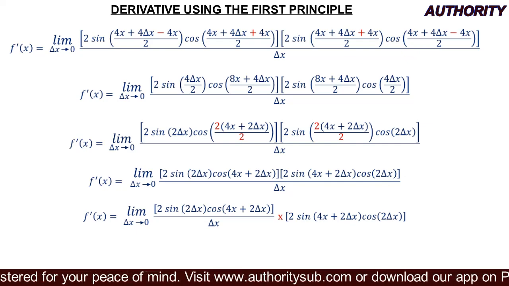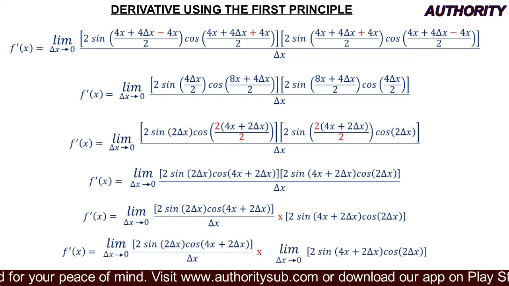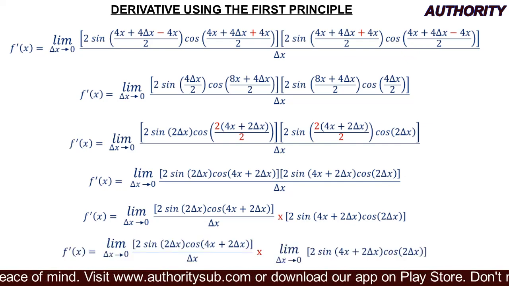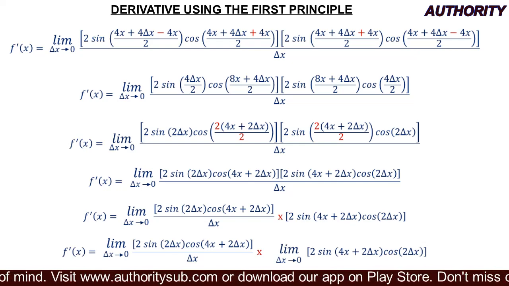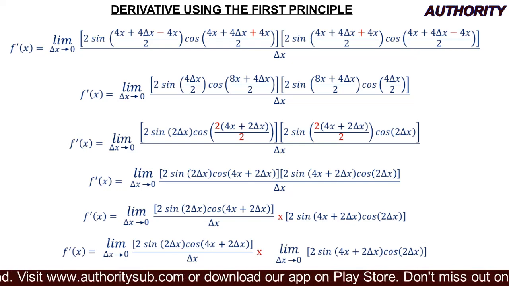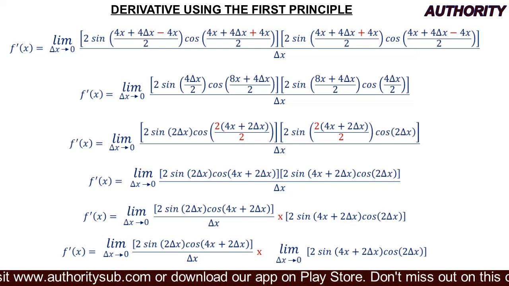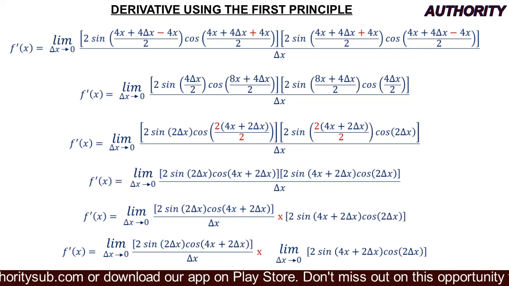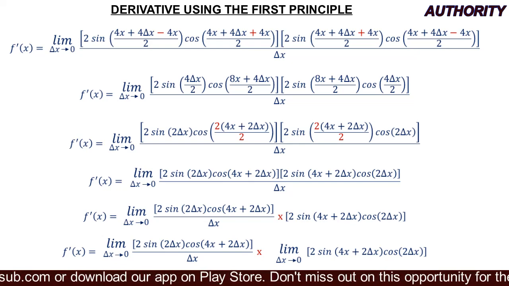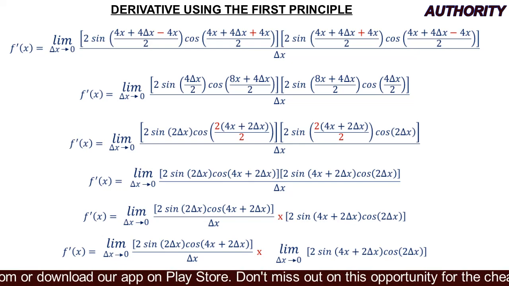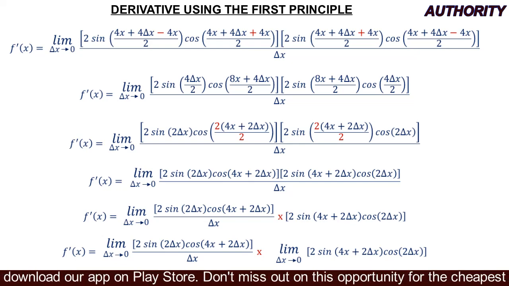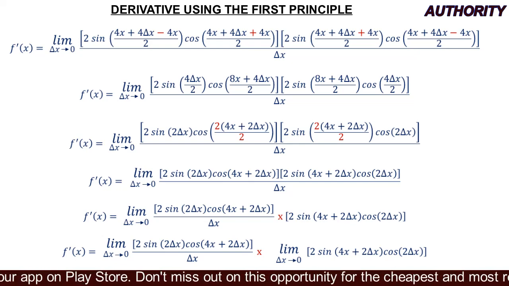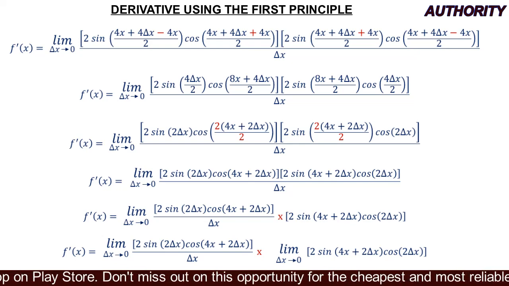limit. So taking the individual limit, we're going to have f prime of x is equal to the limit as change in x approaches 0 of 2 sine 2 change in x multiplied by cos 4x plus 2 change in x all over change in x, multiplied by the limit as change in x approaches 0 of 2 sine 4x plus 2 change in x multiplied by cos 2 change in x.